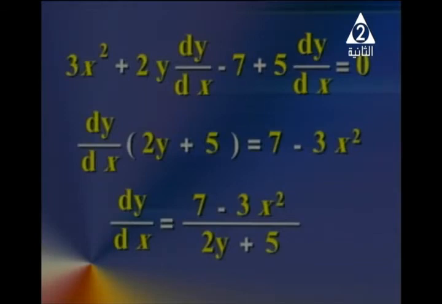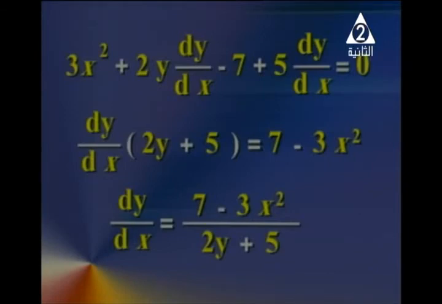Look at, dear student, we have dy over dx as a highest common factor. When we find dy over dx, what do you deduce? Yes, we write dy over dx multiplied by the bracket 2y plus 5 on the left hand side, and on the right hand side 7 minus 3x squared.